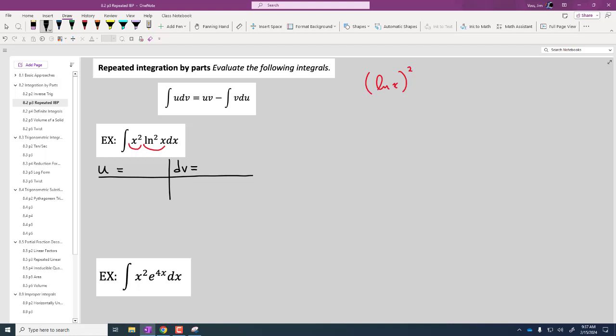We should go to the other part of the integrand for your dv. When you see natural log, you do not want it with dv unless you absolutely had to. So this is going to be our natural choice. And I'm going to write that natural log over here like that because that's going to probably be a little bit more obvious how to differentiate it and not get messed up with the exponents.